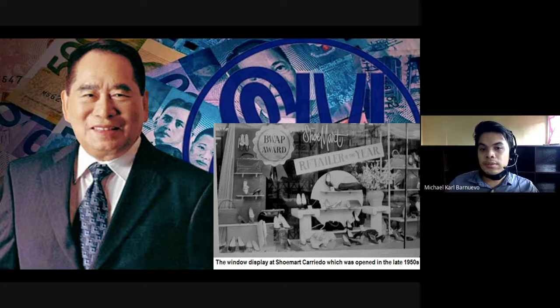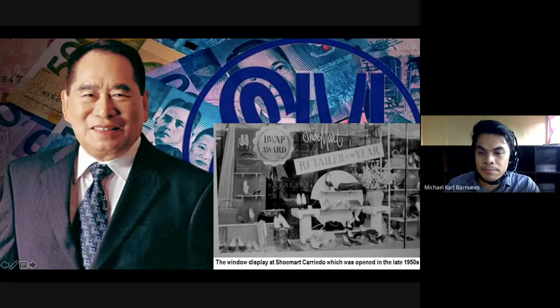In this picture, this is the very first stall or retail store of Henry Sy. It was a small store selling shoes. He then moved from repairing and selling soldier shoes to women's shoes. A very small business.